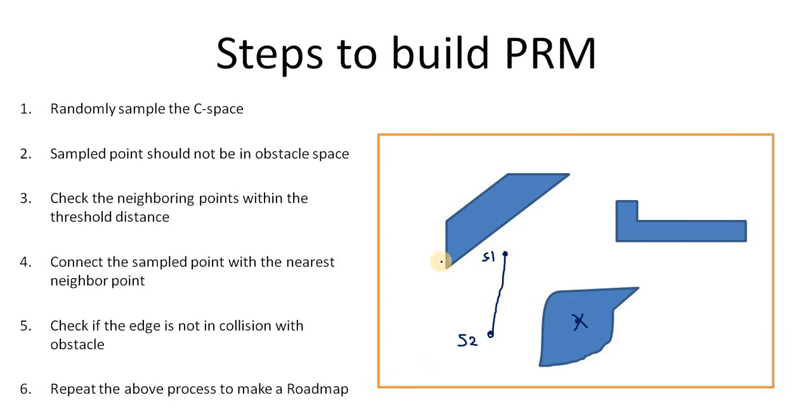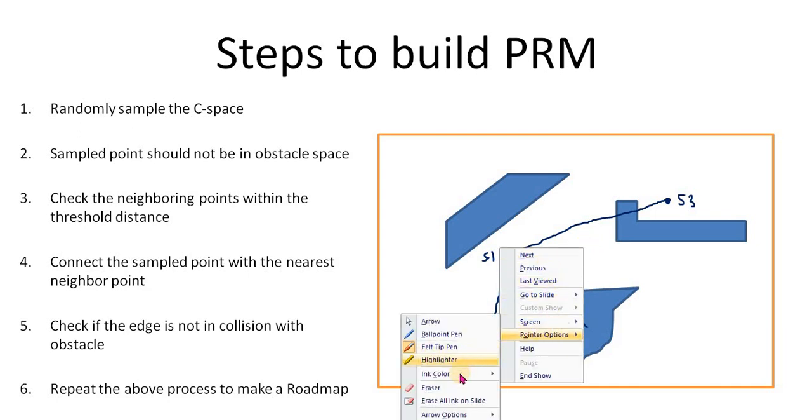We repeat it again. Let's take another point, S3. Now we see that the nearest point to S3 is S1. We try to connect it here like this, but since this edge collides with the obstacle, we cannot add it, so we just remove it.